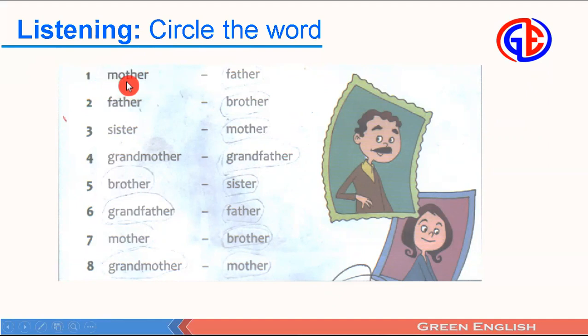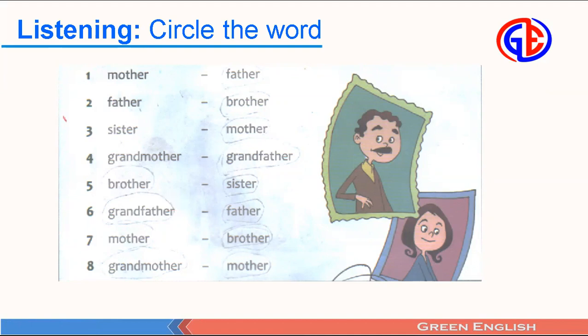So in number 1 you have mother and father. I will read one of these family members in number 1 and so on until number 8. And I want you to mark, ya. Aku ingin kalian menandai, ya, kalian di kertas kalian, family member mana yang aku bacakan.